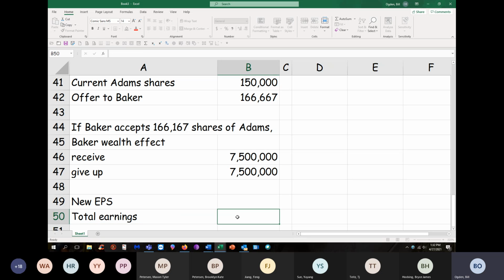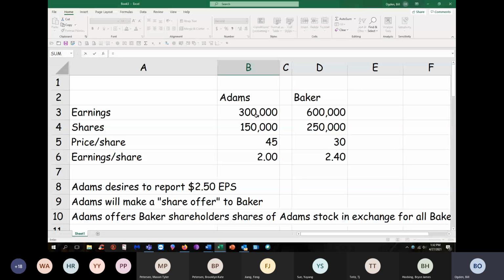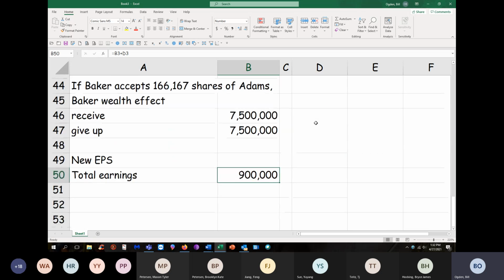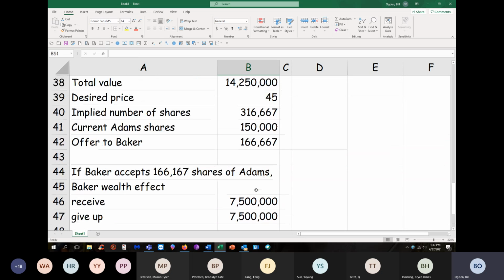So our earnings in total would be Adams 300,000 plus the newly acquired Baker 600,000. And let's do our total shares. We've now authorized and would be trading a total of 316,667.